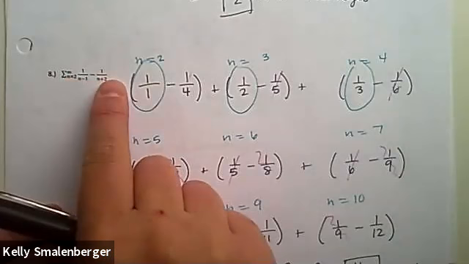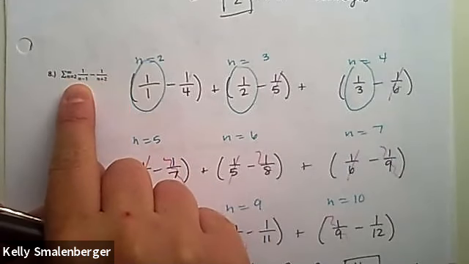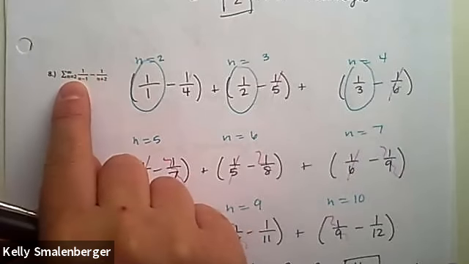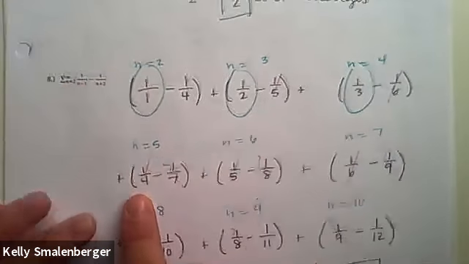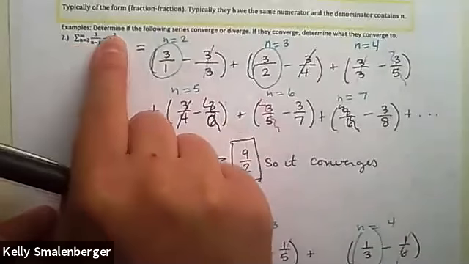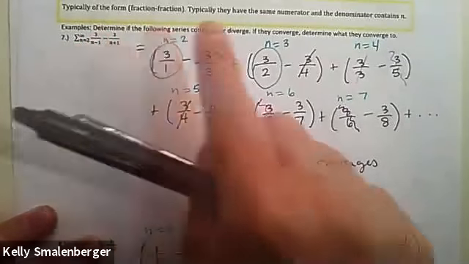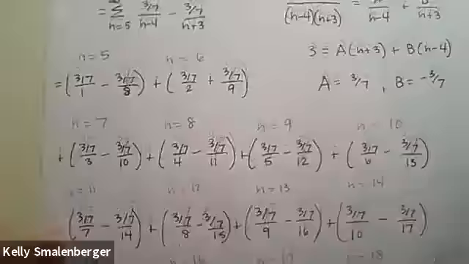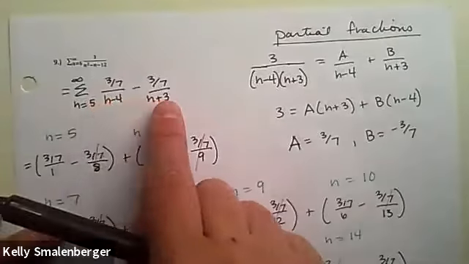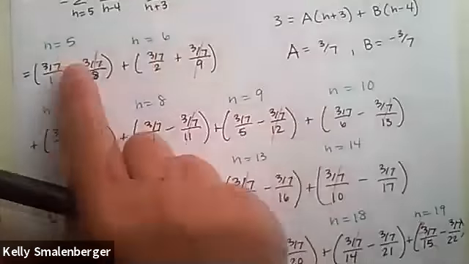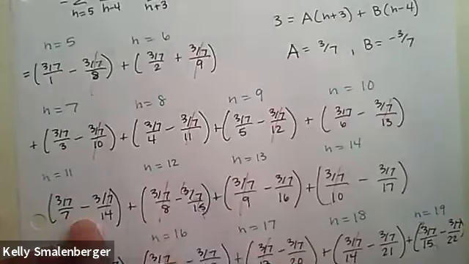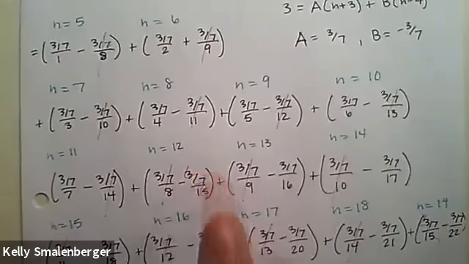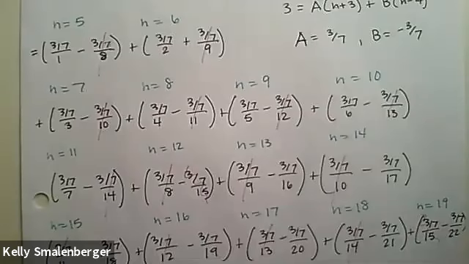The difference between the denominators here is 3 and the fourth term canceled. The difference between the denominators here is 2 and the third term canceled. This one, super ugly. The difference between the denominators is 7. 1, 2, 3, 4, 5, 6, 7, and the eighth term canceled. So half of it is recognizing a pattern, right?